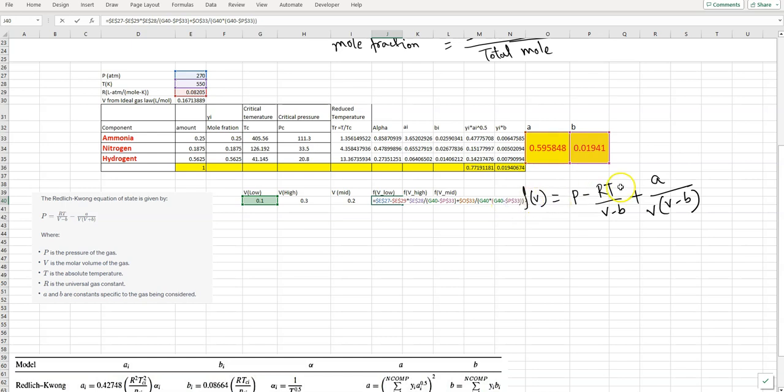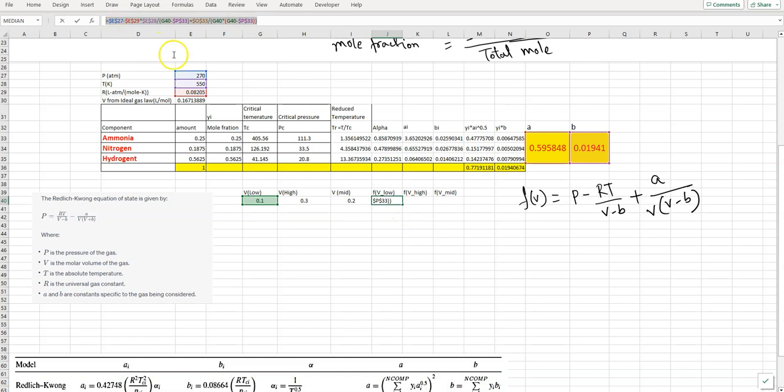After doing that, we'll get f of v low. Then similarly we have to calculate f of v high also. We can take the formula here, copy it and change the cell.